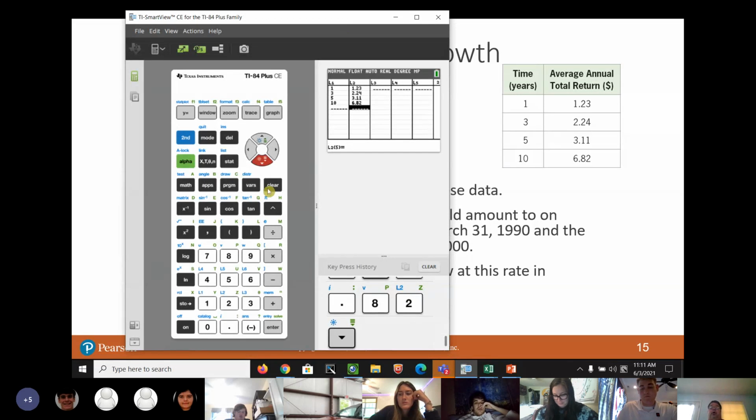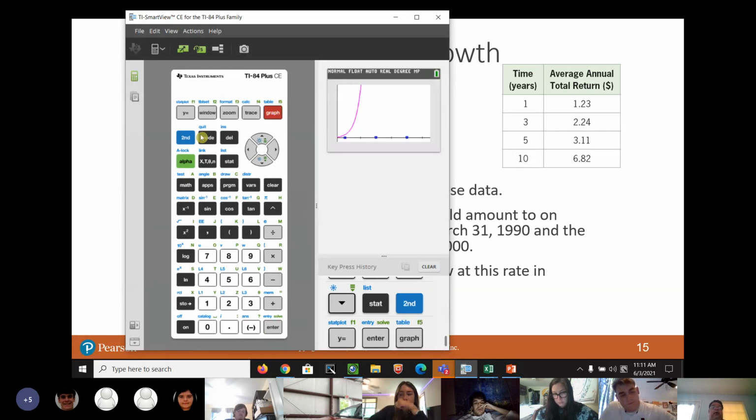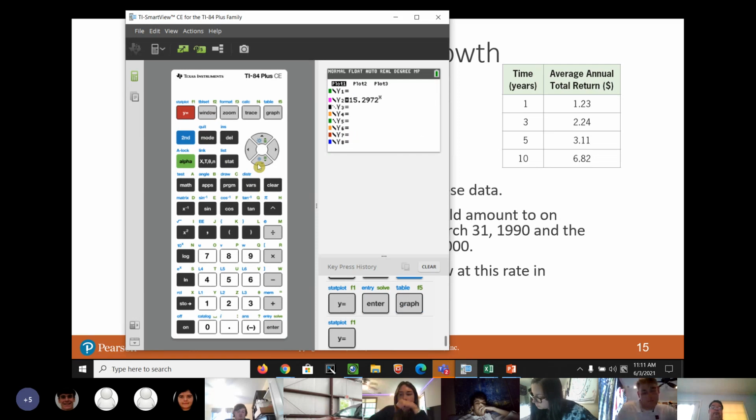Now go ahead and draw your plot: stat, or second, y is equal, plot, and graph. And take out your y is equal, clear, and graph.